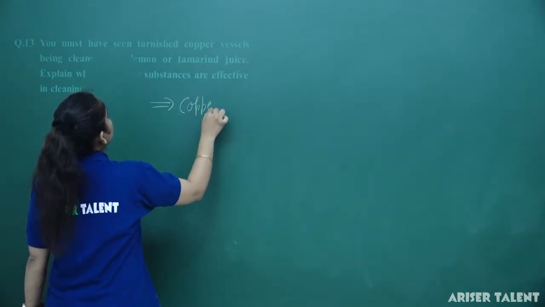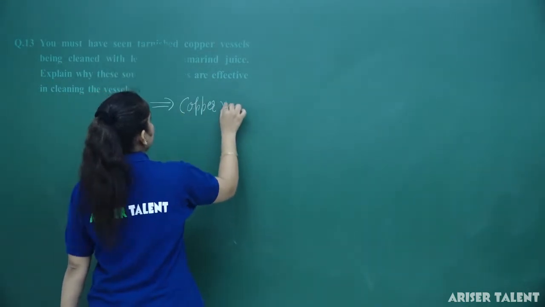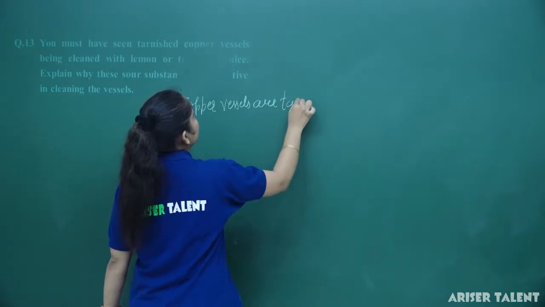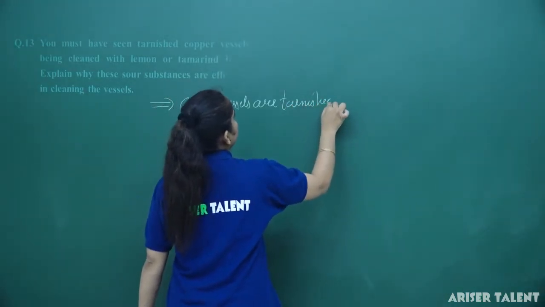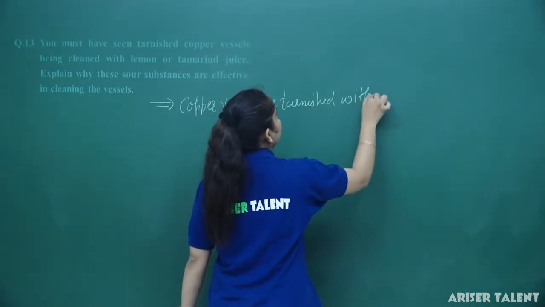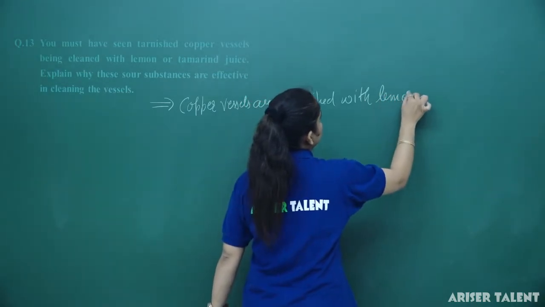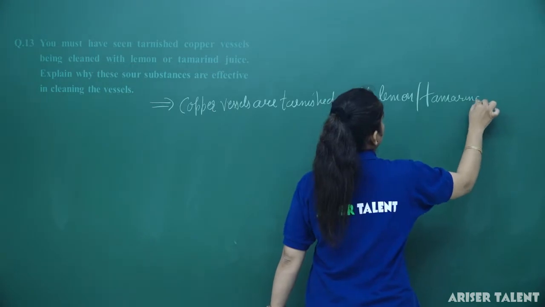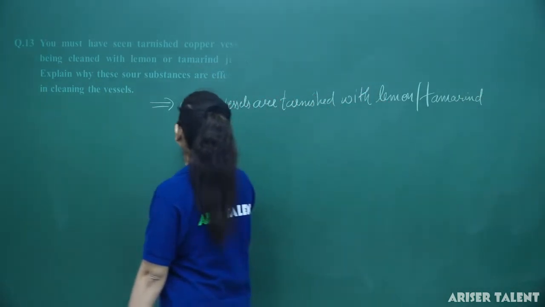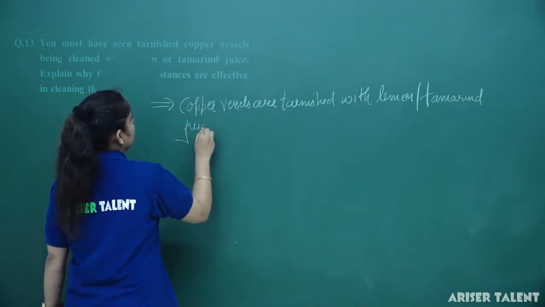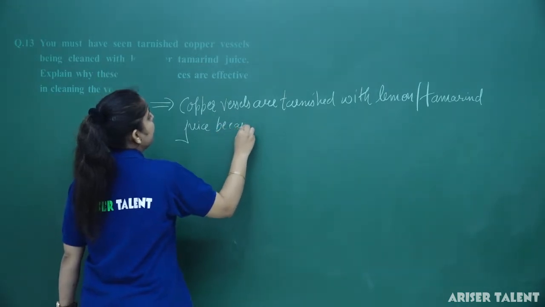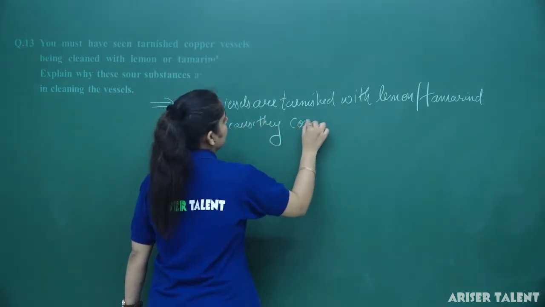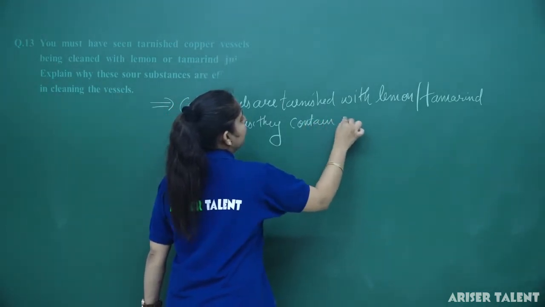Copper vessels that are tarnished are cleaned with lemon or tamarind juice because they contain acid. And which type of acid?